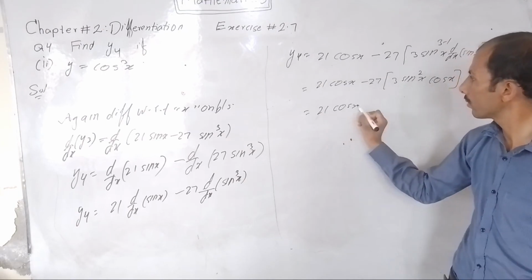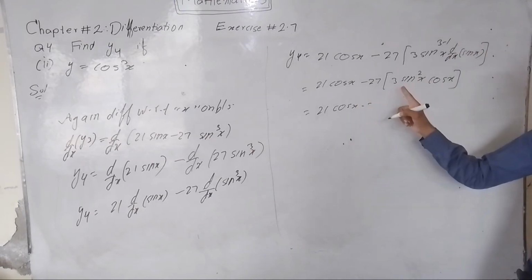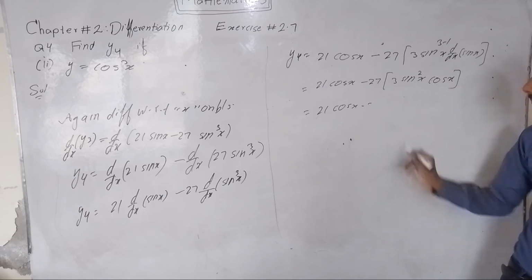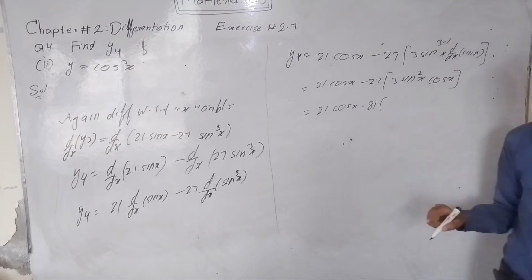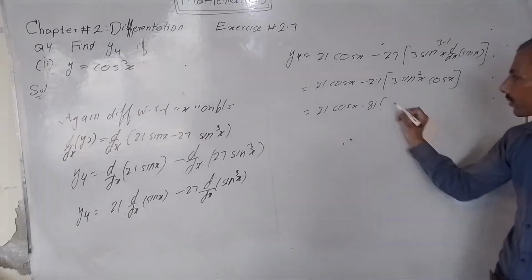21 cos x minus 27 times 3 is 81. Sin square can also be written in the form of 1 minus cos square x.